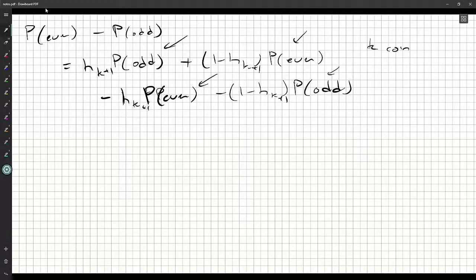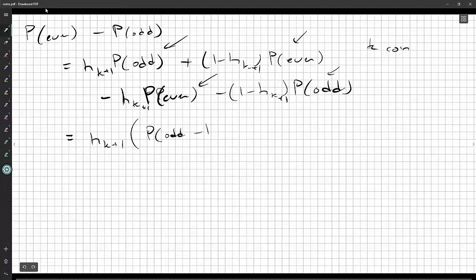Okay. So, if we sort of group things together, we'll have HK plus 1, and then P odd minus P even, which I am going to choose to write the other way at the cost of a minus sign out here.